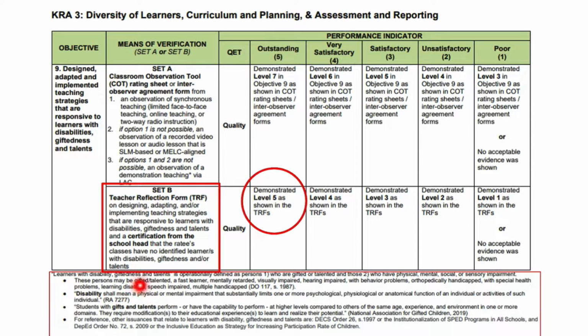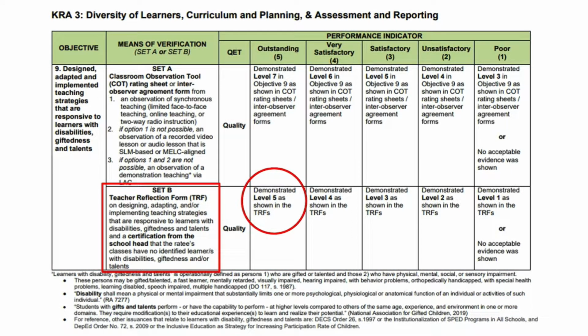So, this person may be gifted, talented, a fast learner, mentally retarded, visually impaired, hearing impaired, with behavior problems, orthopedically handicapped with special health problems, learning disabled, speech impaired, and multiple handicap. So, yung disability mean as physical or mental impairment that substantially limits one or more physiological and psychological or anatomical function of an individual or activities of such individuals.